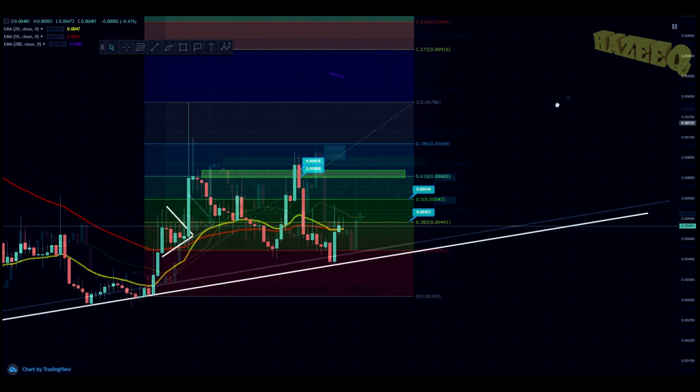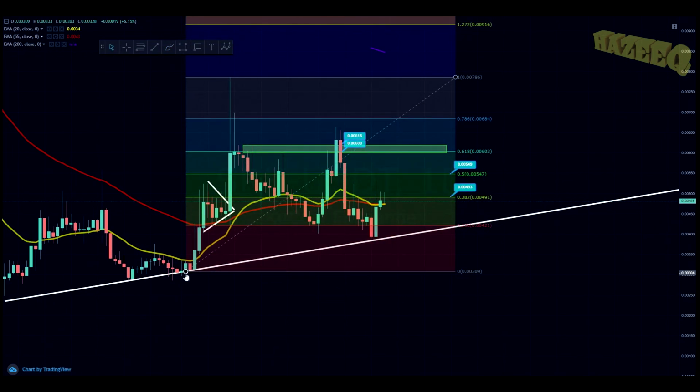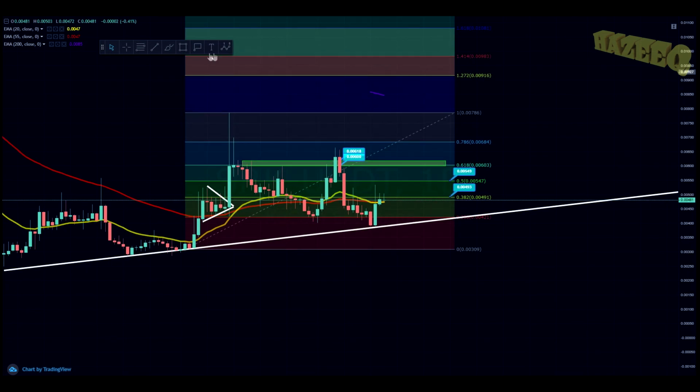This fib is really easy to draw out from this bottom over here, as you can see, from this swing low at August 2nd to the swing high August 12th, and you do get your Fibonacci levels. Okay, after breaking this high over here, you do have another target sitting at 1.272. That is sitting at 0.00916.